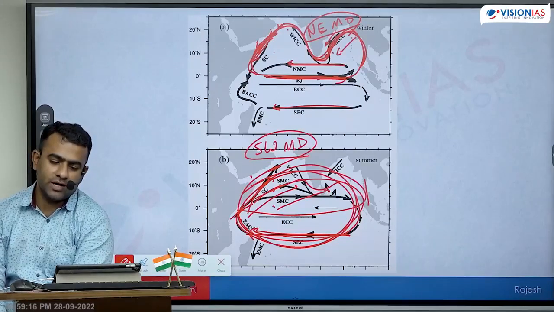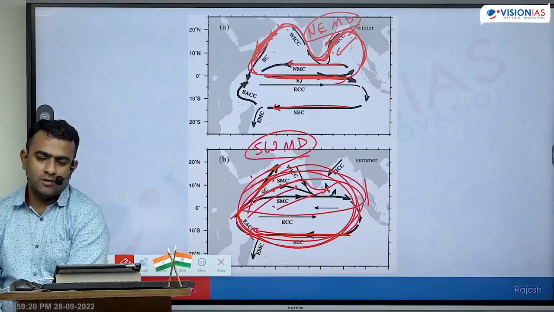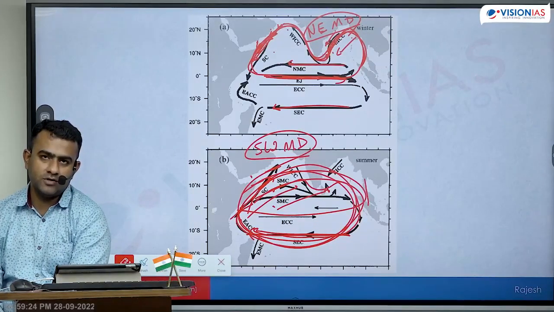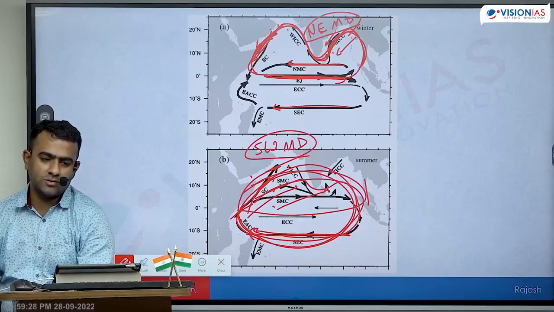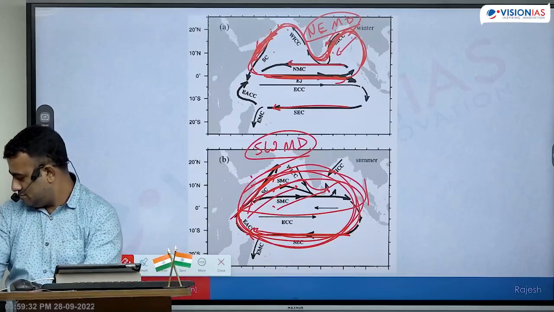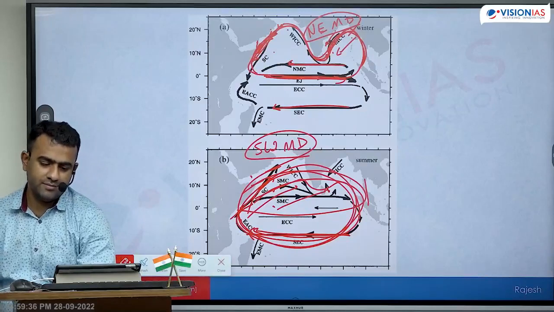Counter equatorial current flows between NEC and SEC, that is north equatorial current and south equatorial current.